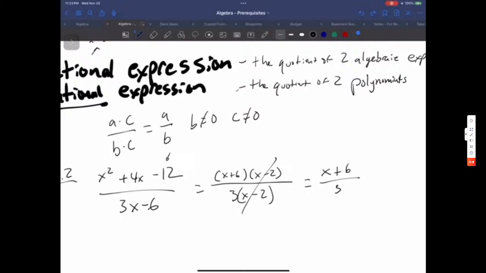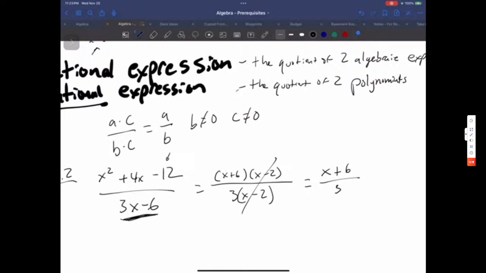Now note, and this is cutesy, that the original expression was undefined when x was equal to 2, because it gave us a 0 in the denominator.